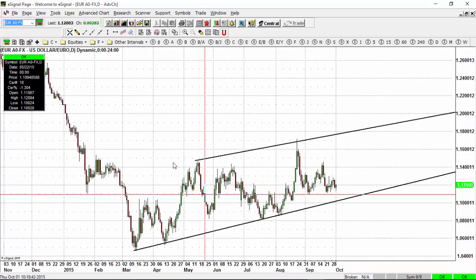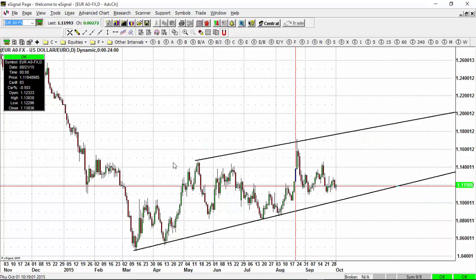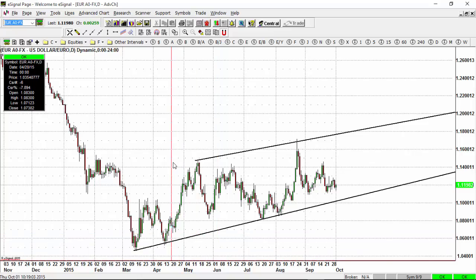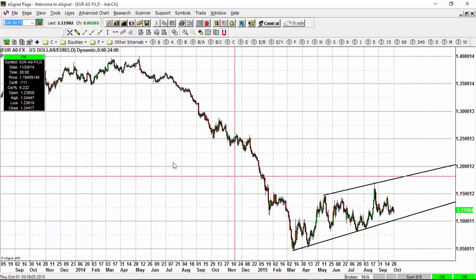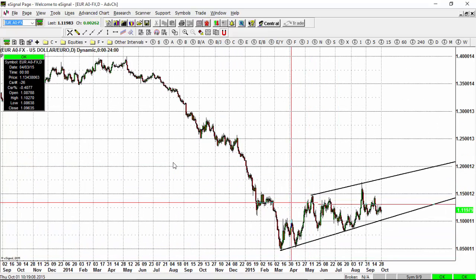The scenario here is that the market could test this trend line, then head back up to the upside, test the top part of this, and head back down and break out. Or we could break out of this to the upside. So it's still early days with the euro, and we just have to play wait and see to see what exactly will happen.